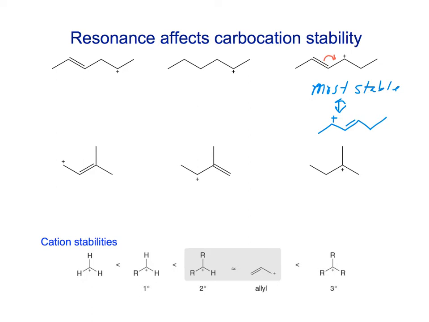What about the other two? Do you think we can say anything about the relative stabilities of those carbocations? Well, the carbocations are both essentially just secondary carbocations, right? And because this carbocation is isolated from the alkene by an sp3 hybridized center, it doesn't gain anything from resonance.